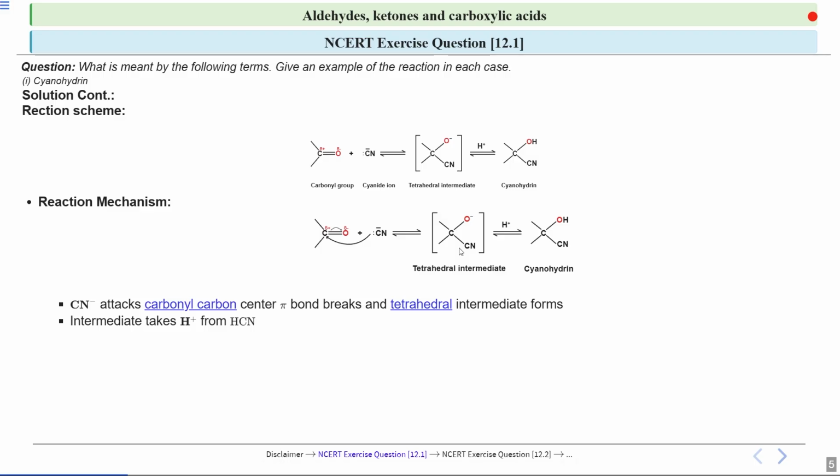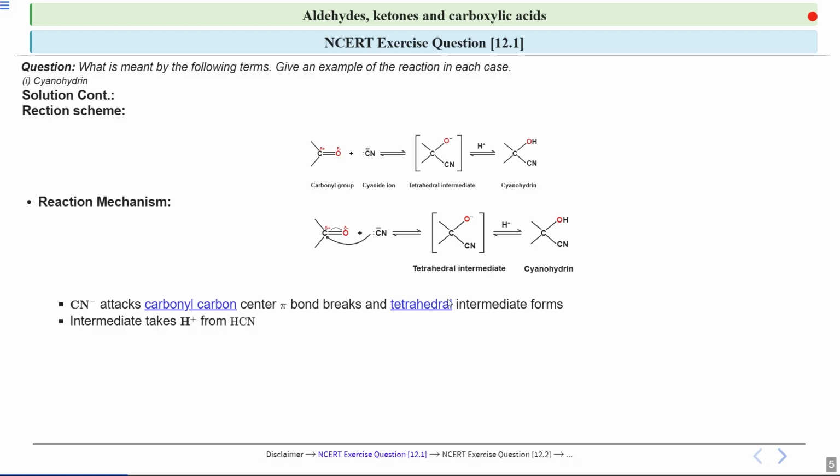Now next what happens, the intermediate which is formed here picks up a hydrogen ion, that is H+, from hydrogen cyanide, and this step stabilizes the intermediate and we move to the product which is cyanohydrin. So this is the final product which is formed. This molecule is called cyanohydrin because it has both an OH group and a CN group attached to the same carbon.